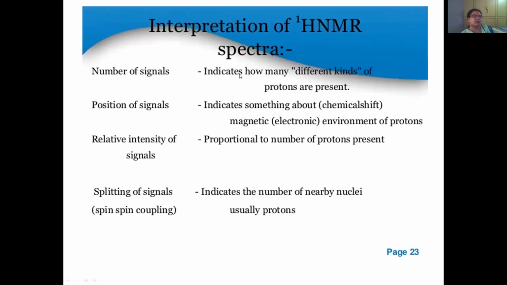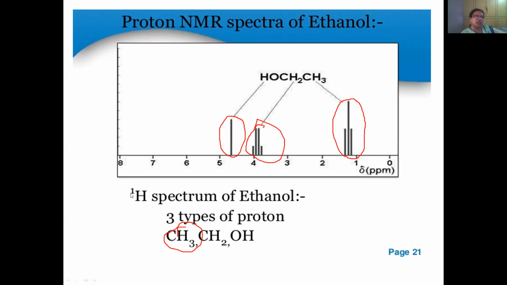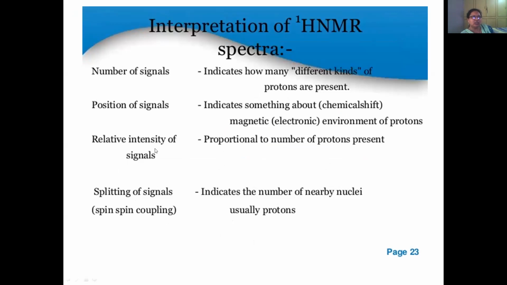So the number of signals indicates how many different protons there are, meaning these protons are not all equivalent. If you take the example of TMS, tetramethylsilane, all 12 hydrogens are equivalent in nature, which is why you get a peak at 0. But all these protons are not equivalent, and that gives us the number of signals.